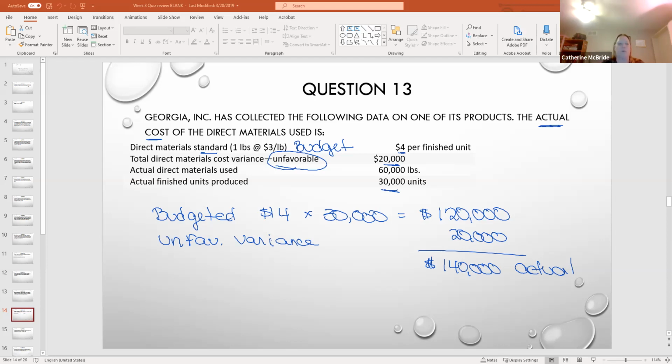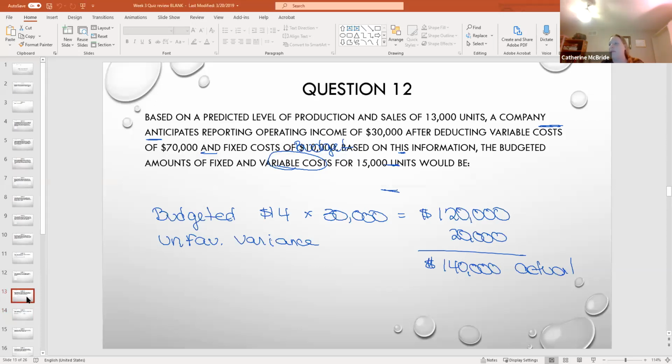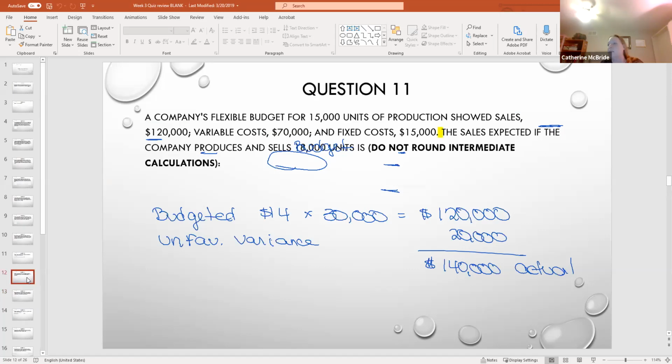Oh, they're just numbered wrong. That's why I was confused switching slides. Let me clear my writing so it's not confusing to you guys.